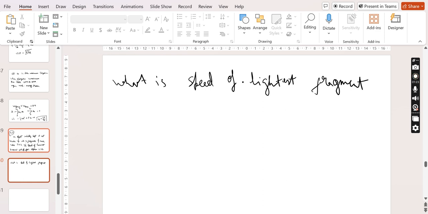The heaviest fragment has speed v naught after the explosion. Now we need to know what is the speed of the lightest fragment.